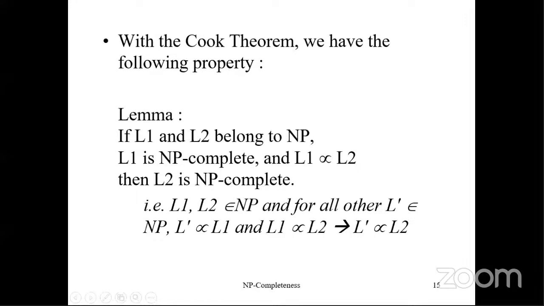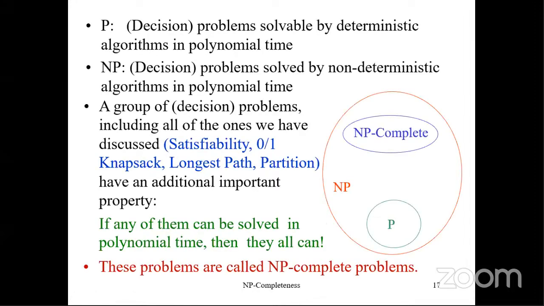NP problems, including all of the ones we have discussed, such as 0/1 knapsack, have an additional important property, and this is the fact that if any of them can be solved in polynomial time, then they say all can.